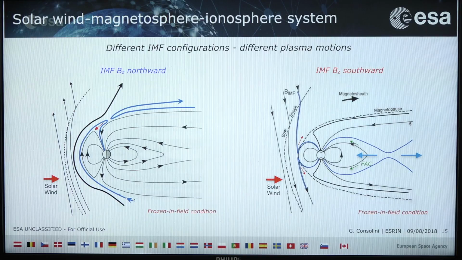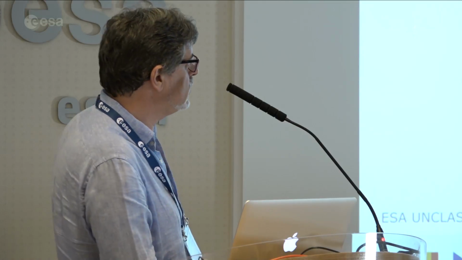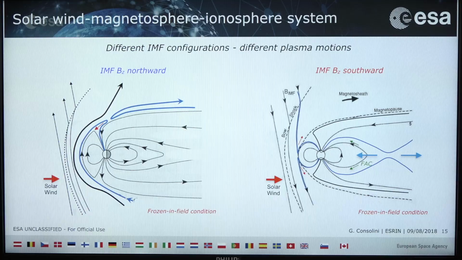So we have mainly two different pictures. These are pictures, not reality, because I am only reporting the Bz south component, but the reconnection at the dayside is also influenced by the By component on the ecliptic plane. So these are the two, and differently from one to the other, we have different impacts in the high latitude ionosphere.